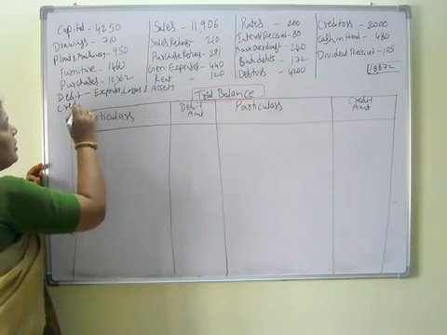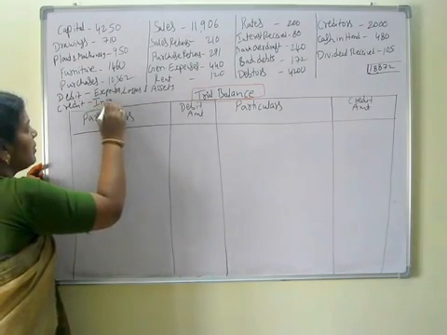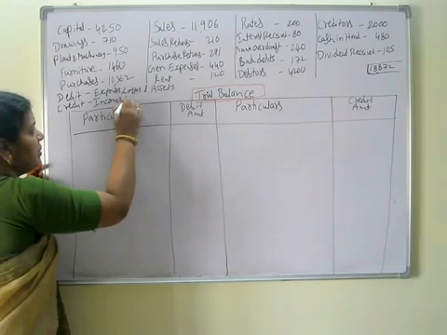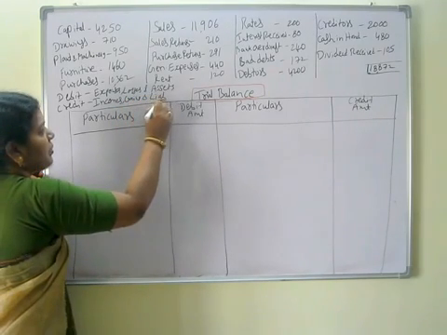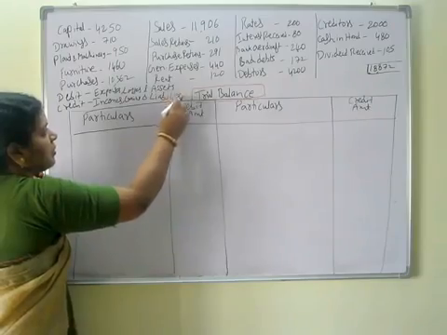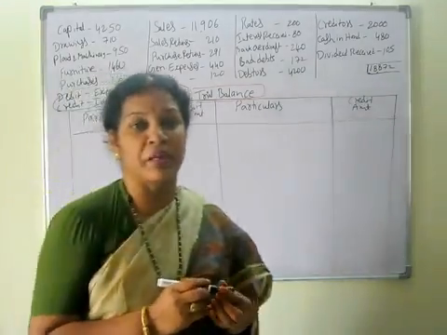And the credit side will write all incomes, gains and liabilities. Based on this rule, we'll prepare the trial balance.